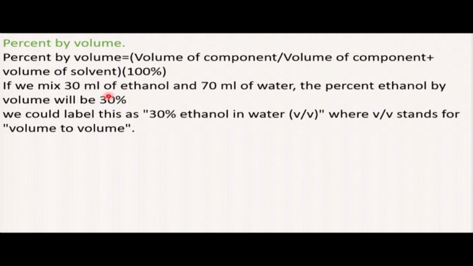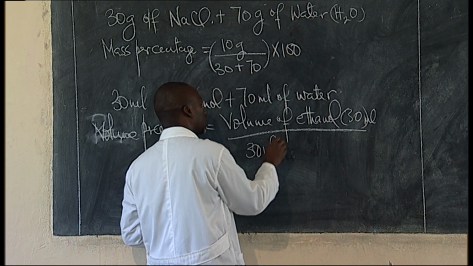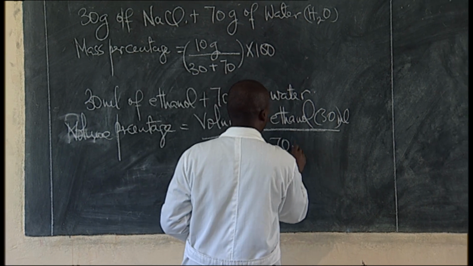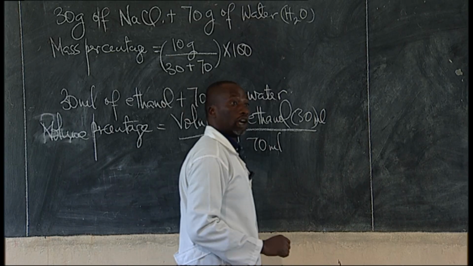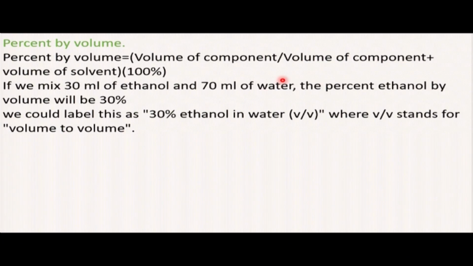So we have 30 milliliters over 30 milliliters of ethanol plus 70 milliliters of water. That solution is labeled as 30% ethanol.